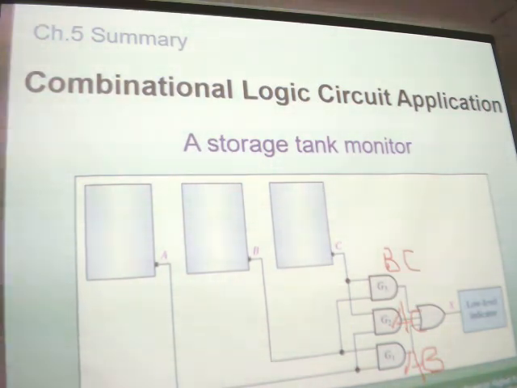So this logic gate can indicate if the storage tanks are empty. That is one application of a combinational logic circuit.